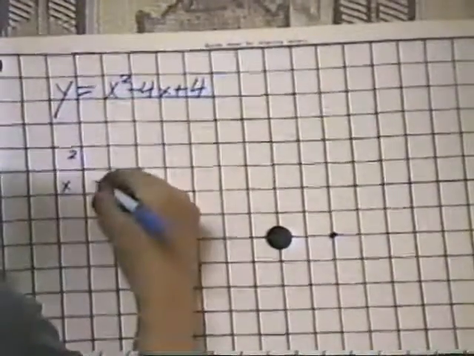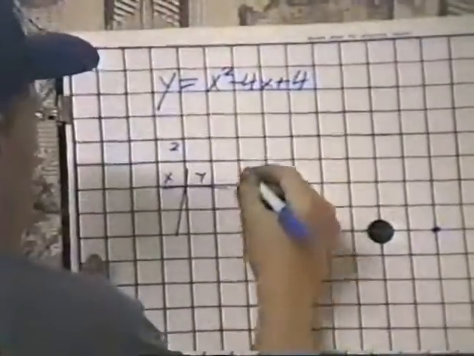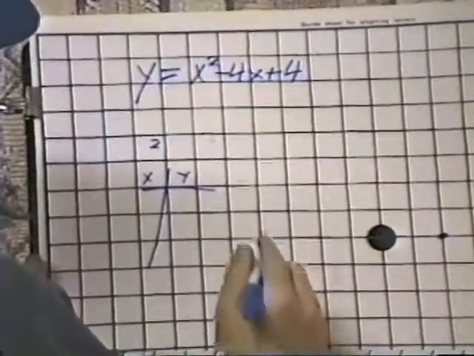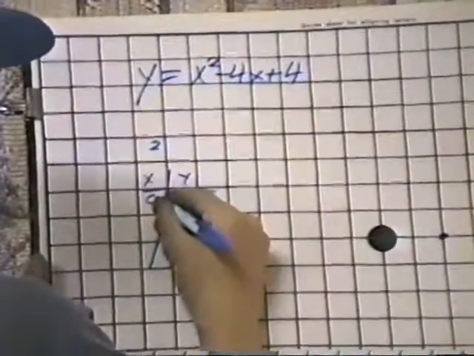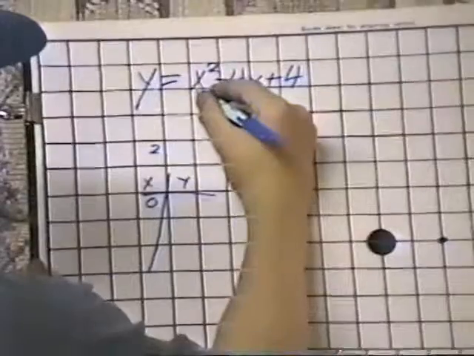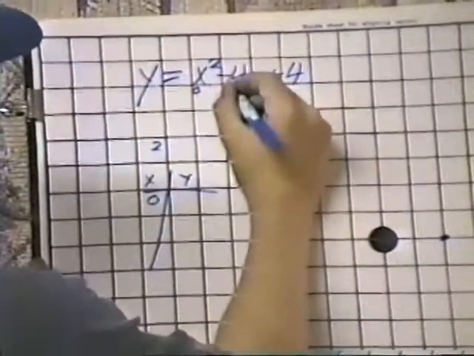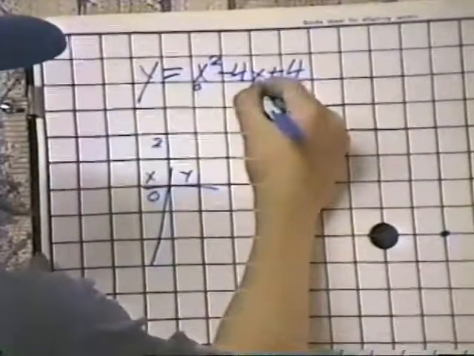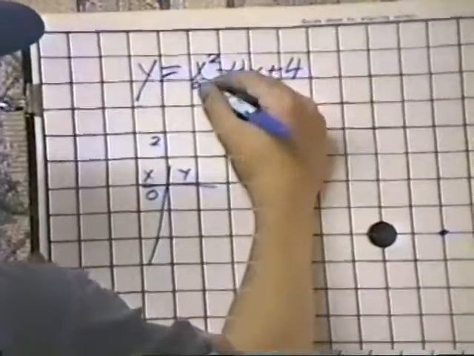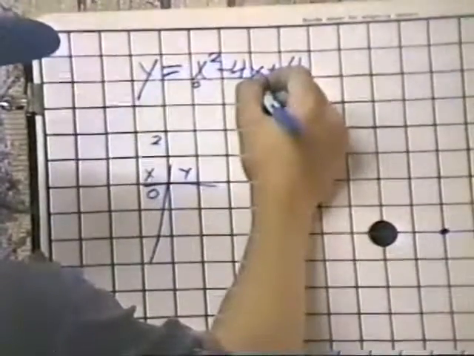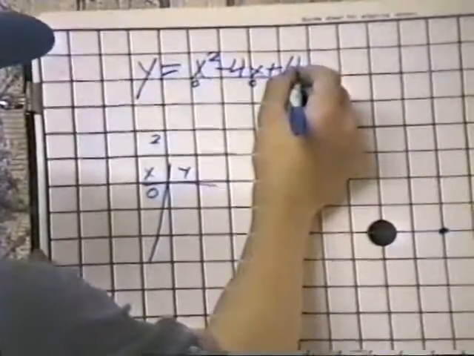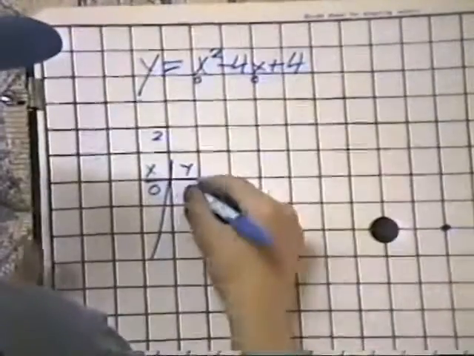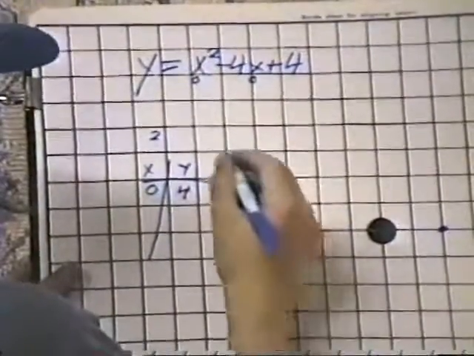Now, to find the other points, we set up one of those charts, like this. Okay, now when x is 0, that's here, x squared is 0, and x here is also 0, so x squared is 0, 0 minus 4 times 0 is 0, plus 4 is 4, so y equals 4 when x is 0.